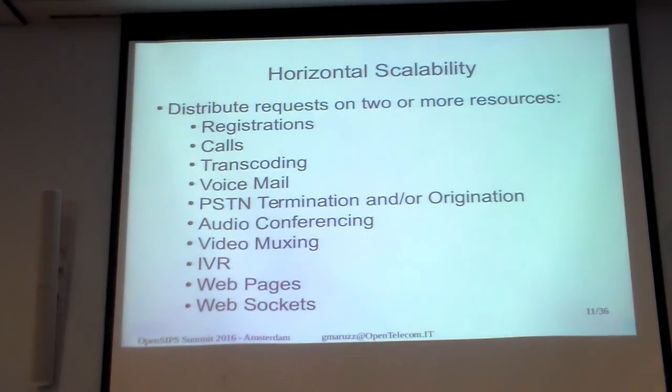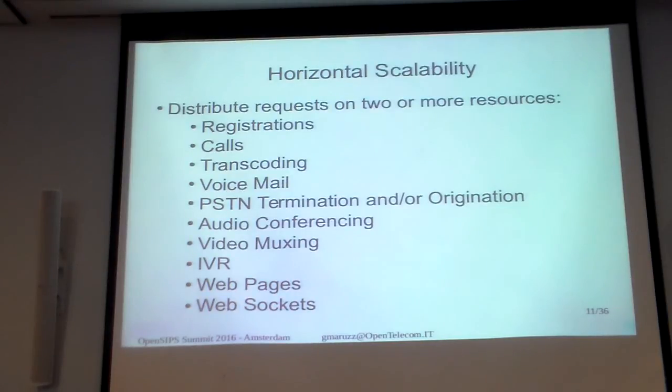Horizontal scalability is what you achieve when you augment the capability of a system just by adding standard machines. So you reach the boundary of your system with two machines.